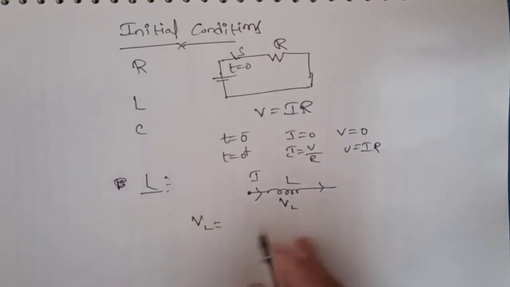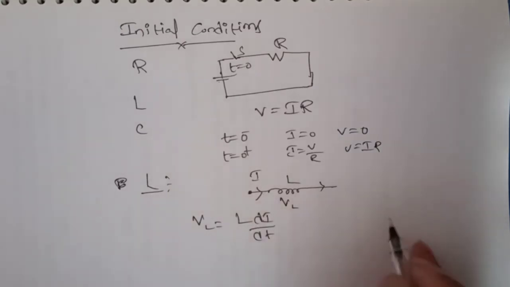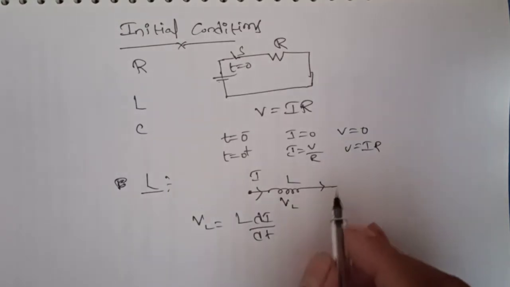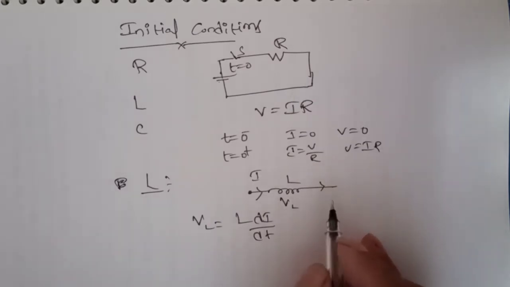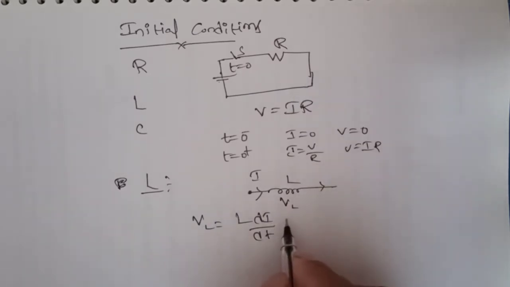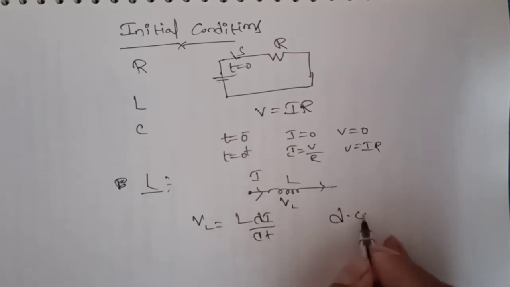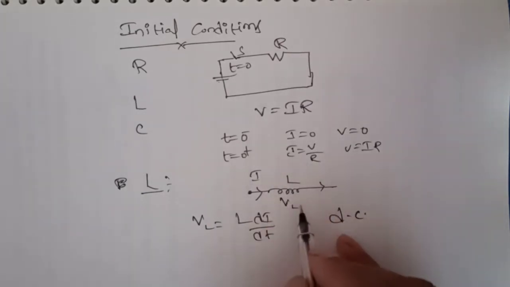We know the mathematical formula V equal to L into di by dt. So we know that if DC current flows through the inductor, the di by dt becomes 0. Why? Because for DC quantities it is constant, that's why the differentiation of that constant is 0.